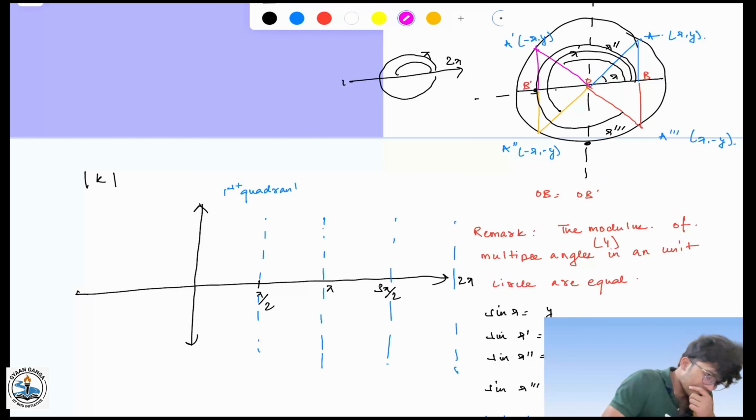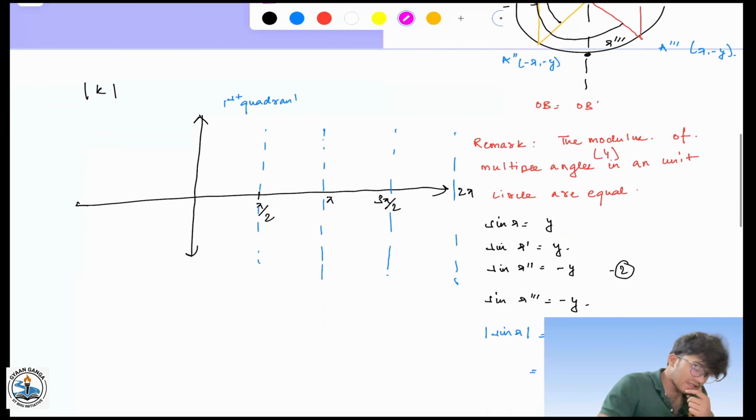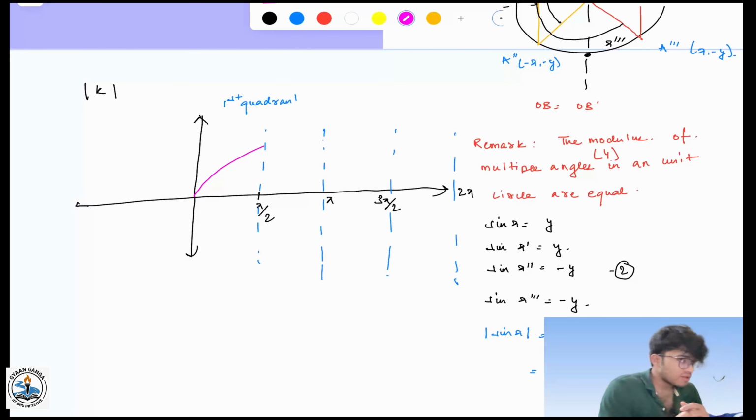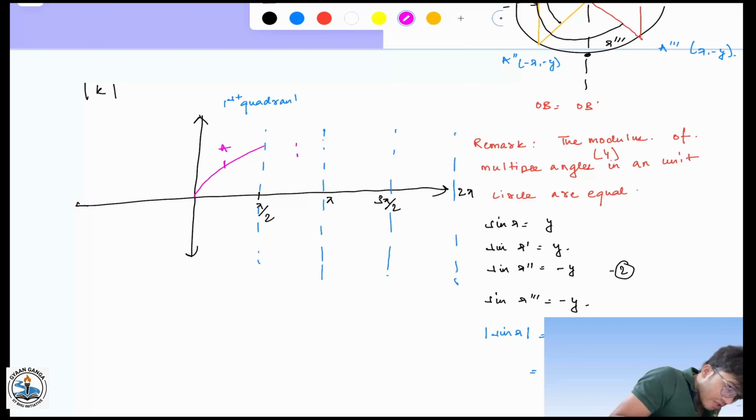So what I've said is that from sin 0 to pi by 2, we have established this curve. Between pi by 2 to pi, the sine value remains the same. That is, if this is a, then you have another value a dash here. Very symmetrical.